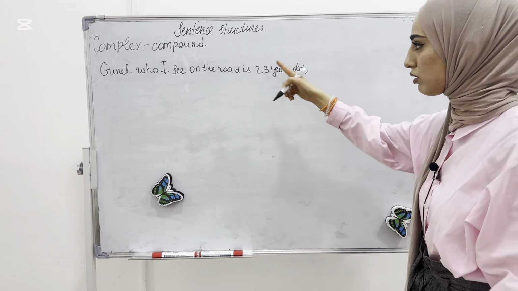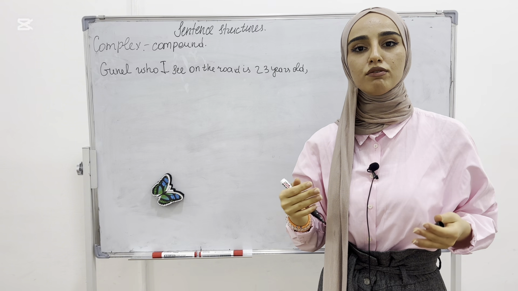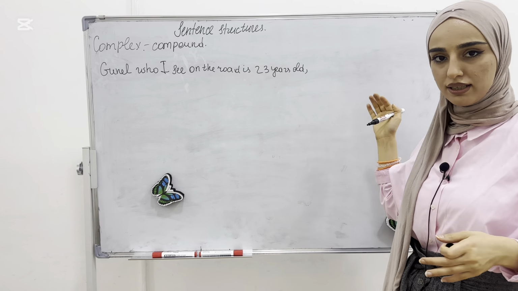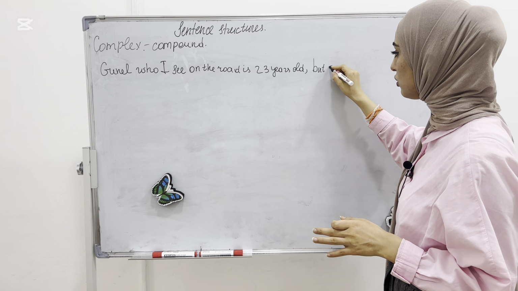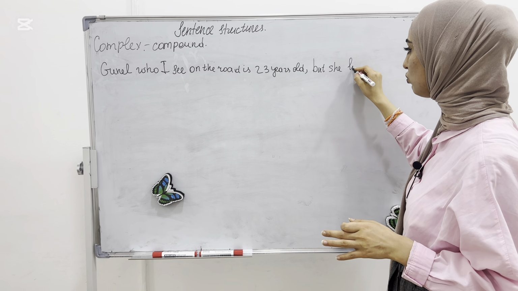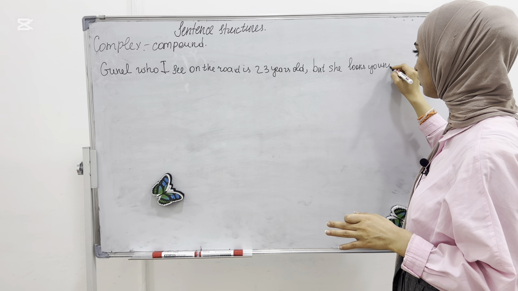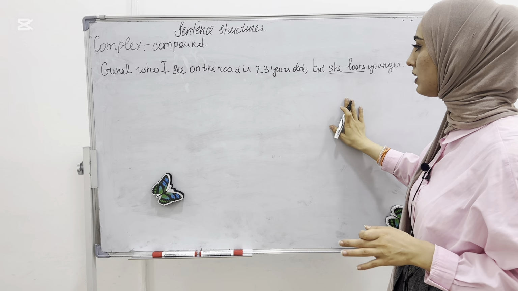What about the compound part? So we are going to add one of our conjunctive words to complete the sentence, okay? But she looks younger. That's it.